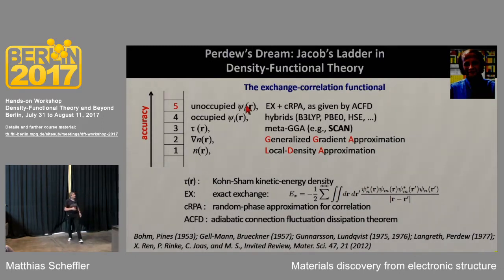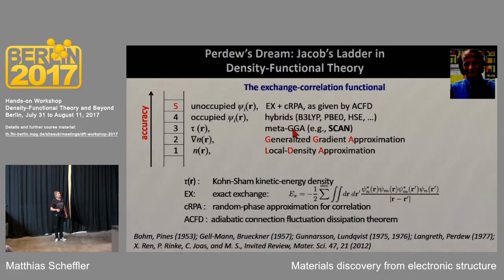The ladder is written down here. It goes, at least in spirit, in terms of accuracy. If you remember what I said about this functional, that in principle the functional does not exist, you can make it better in the sense that it fulfills more of the known sum rules and constraints, but that does not necessarily mean it always works. Anyhow, the work goes from the local density, which we just discussed, to the generalized gradient approximation.